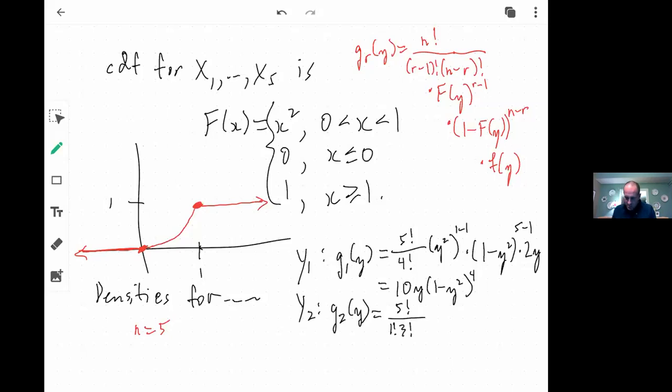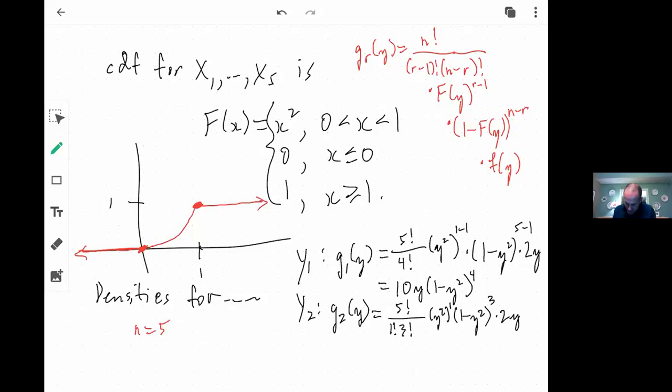And then it's going to be y squared to the 2 minus 1, so y squared to the first power this time. And then it's going to be 1 minus y squared to the 5 minus 2, which is 3. And this is going to be multiplied by 2y again.